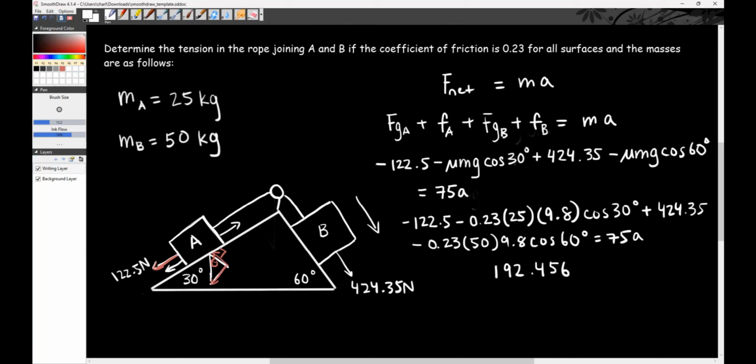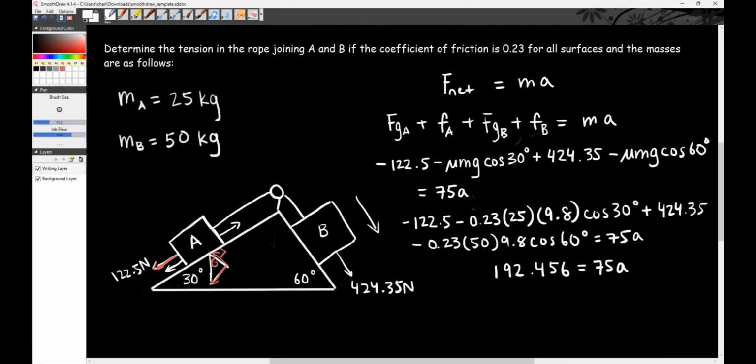I hope this is correct. I'm assuming that my calculator can do order of operations. Yeah, so I don't know if this is exactly correct, but it should be pretty close.